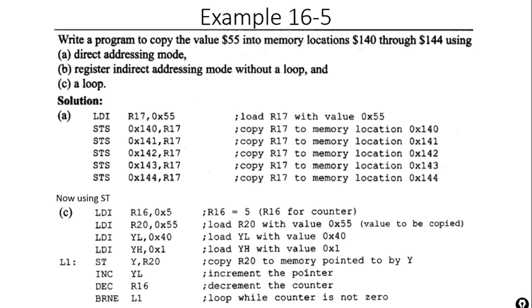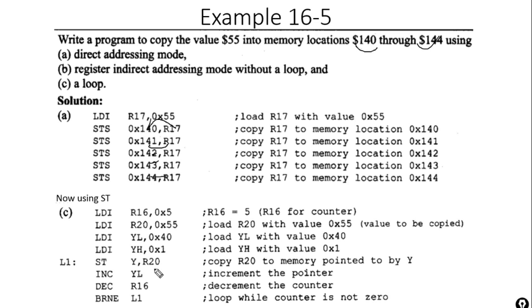So here we have an example comparison of how these 2 instructions make reading or writing an array easier. We have to write a program to copy the value 55 into memory locations starting from hexadecimal 140 to 144. With the STS direct addressing instruction, you have to specify each address one by one, 140, then 141, 142, 143, 144.